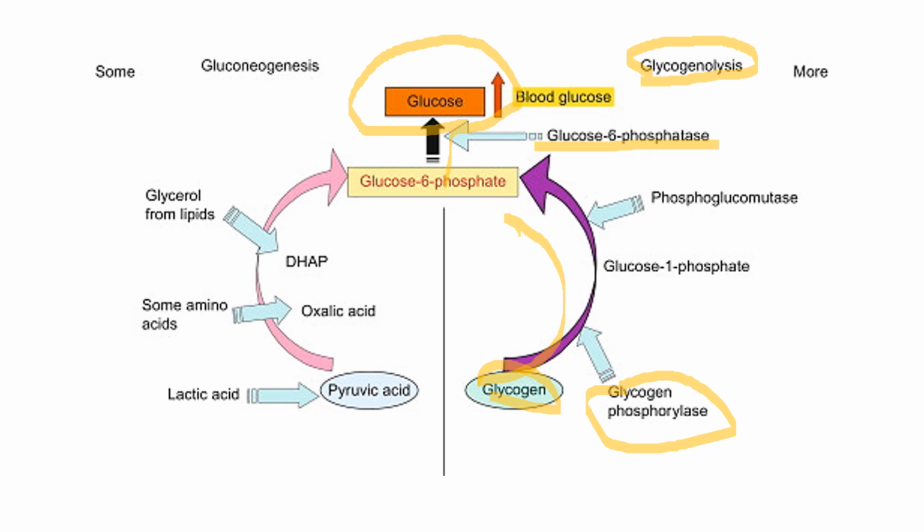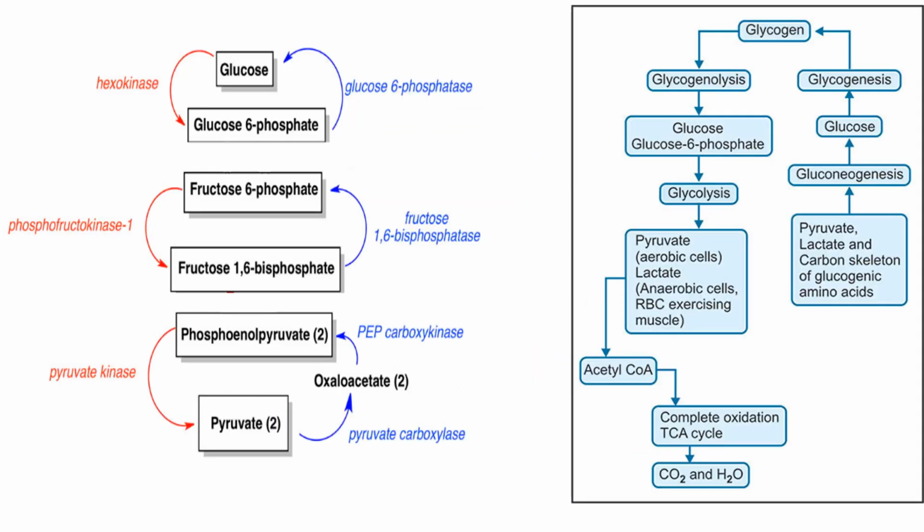Whereas in gluconeogenesis, lactic acid, some amino acids and glycerol from lipids, which are known as non-carbohydrate sources, enter into gluconeogenesis to form glucose 6-phosphate and then glucose. Gluconeogenesis has four main regulatory enzymes: pyruvate carboxylase, phosphoenolpyruvate carboxykinase, fructose 1,6-bisphosphatase, and glucose 6-phosphatase.